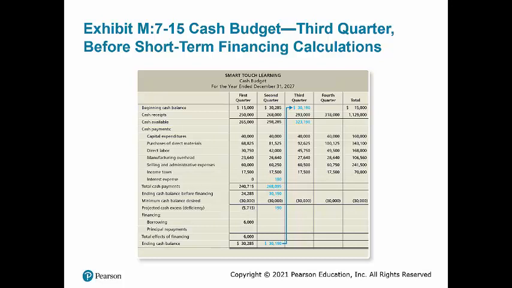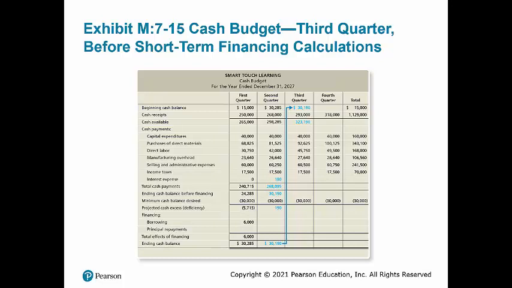That is more than our minimum cash balance of $30,000. So we would have a projected cash excess for the second quarter of $190. We would not have to do any further borrowing, but we would also not have enough cash available to repay the $6,000 loan.